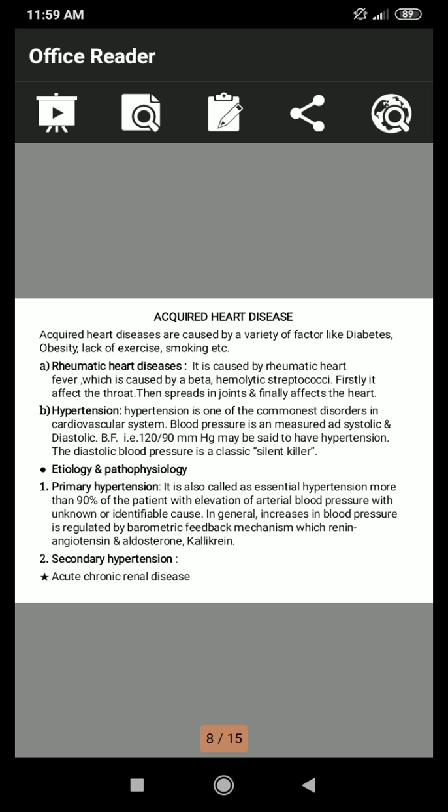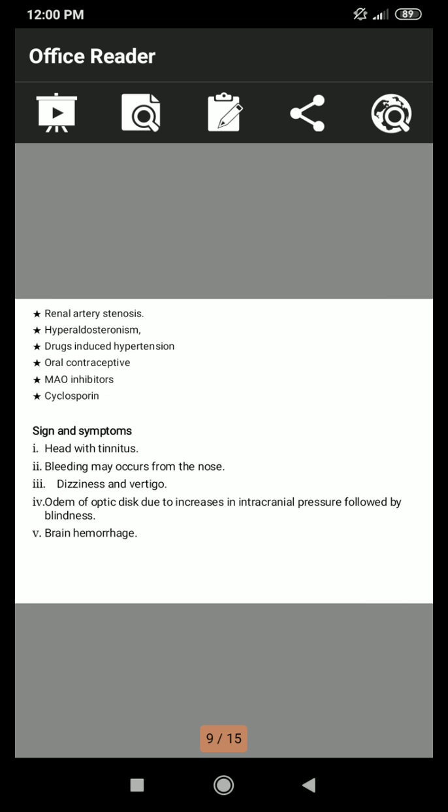Then in secondary hypertension, the cause of hypertension is known. The causes are as follows. First is acute or chronic renal disease. Next is renal artery stenosis. Third, hyperaldosteronism or endocrine disorder.